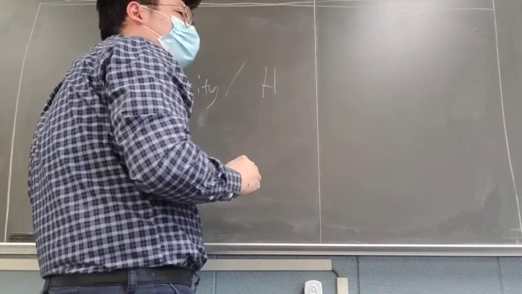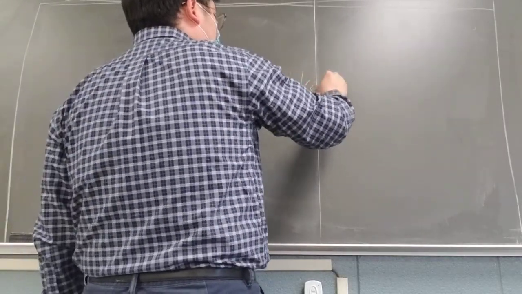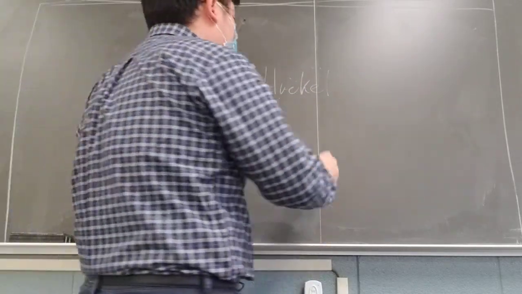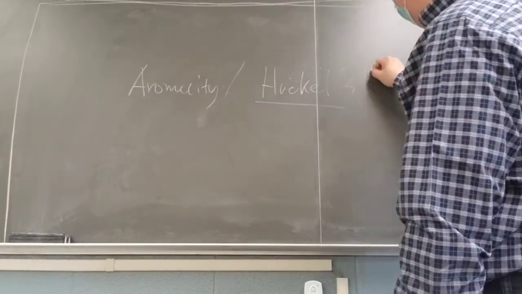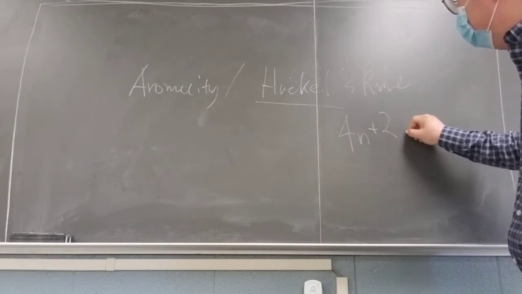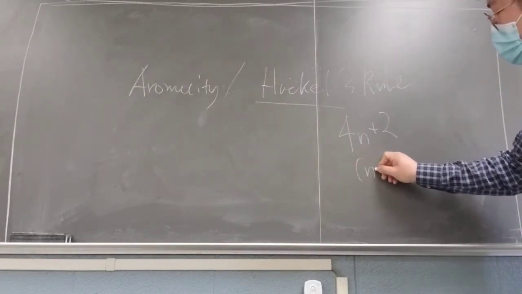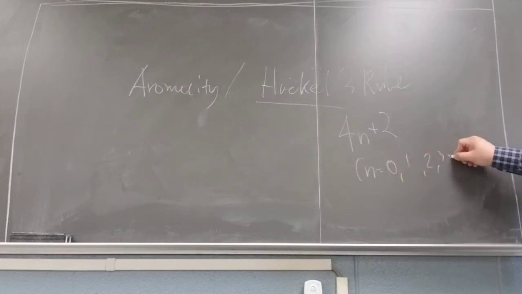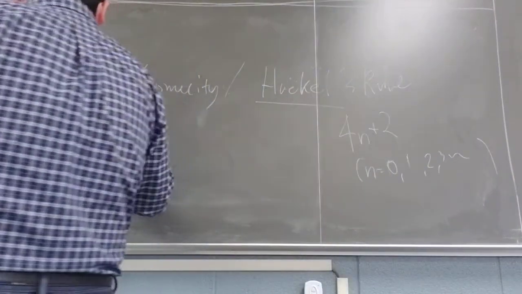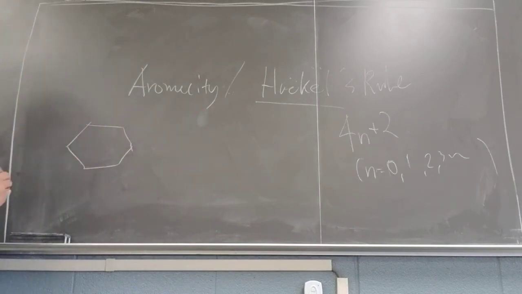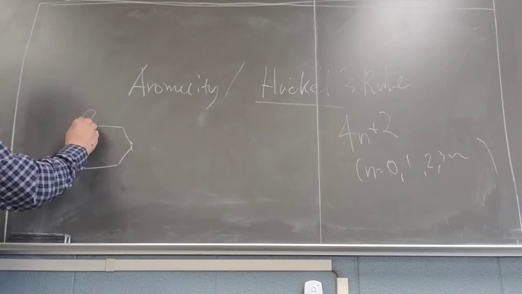His name is, I think, Erich Hückel, but I'm not sure how to pronounce his German name. It's Hückel's rule, which we put as 4n plus 2. 4n plus 2, where n could be any integer including 0: 0, 1, 2, 3, and keep going. Okay? So if you look at the benzene ring, because of the good aromatic ring structure.